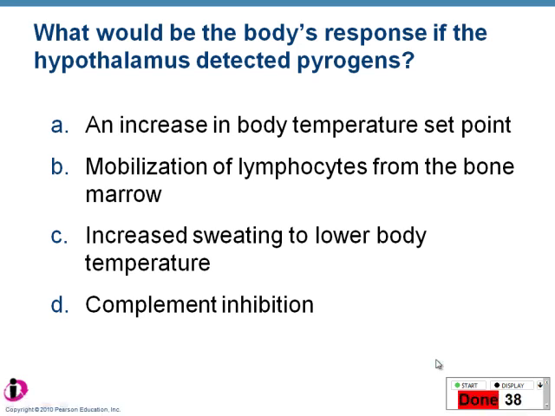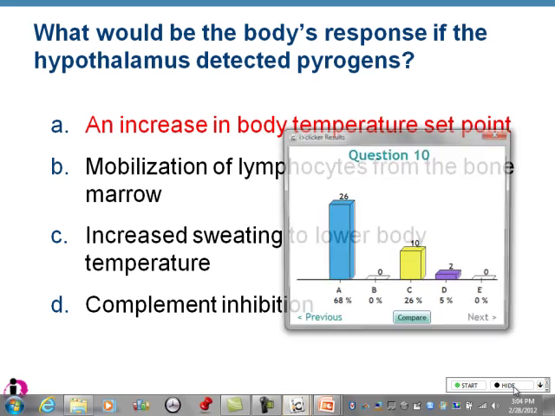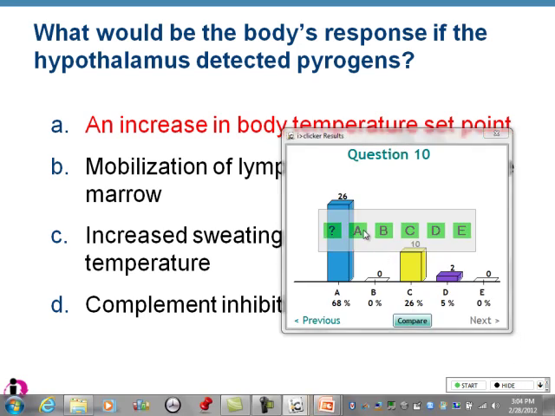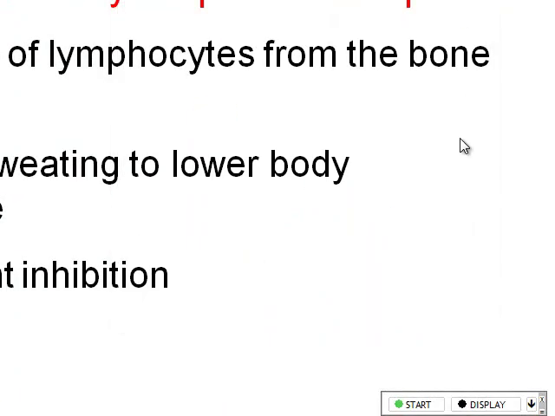Answer is A. A pyrogen is going to increase body temperature, right? And that's what the response of the hypothalamus is. It re-establishes body temperature. Now, as a result, when you get too hot to release excess, you do sweat. But that's not what the question was, right?